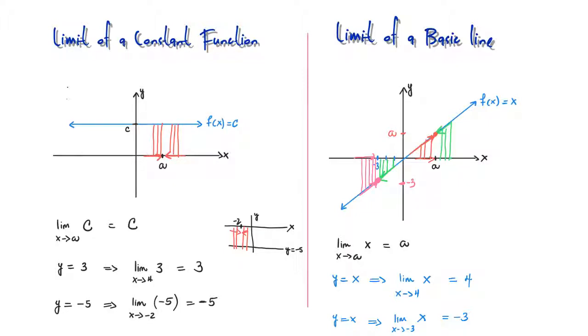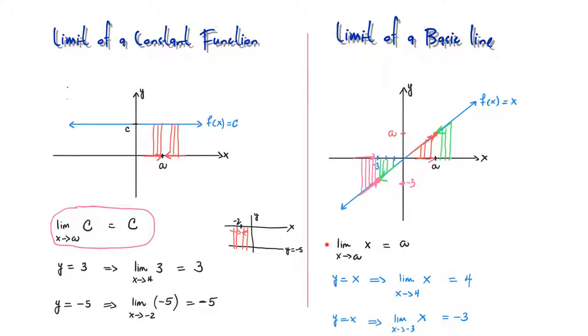So these are two limits that I want you from now on to always remember. If the function is constant, then the limit as x approaches any a is always equal to the value of the constant. And if the function is the line y equals x, then as x approaches a, the limit is always a, because the y values of the function are getting closer and closer to a.